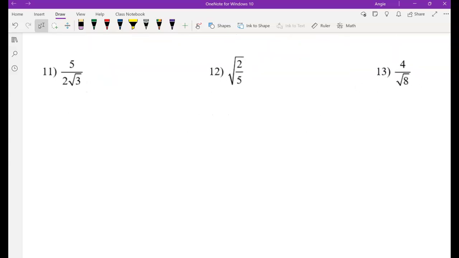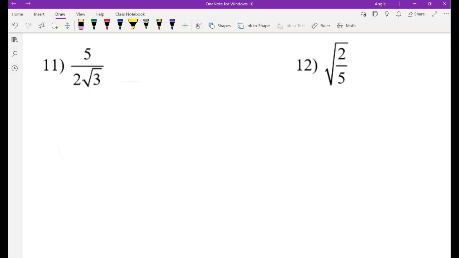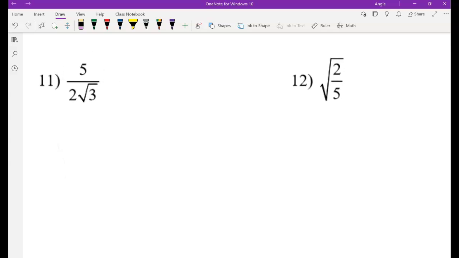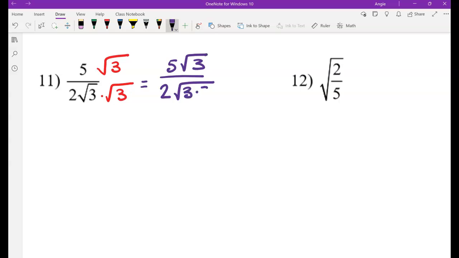Example 11, 12, and 13. These are all monomials, okay, denominator. So 5 divided by 2 rad 3. We can't really reduce, but we can't have a radical in the bottom. So since it is a square root, we are going to multiply it by square root of 3. This will allow us to say, okay, well, 5 radical 3 times 2 outside. We have now rad 3 times rad 3.